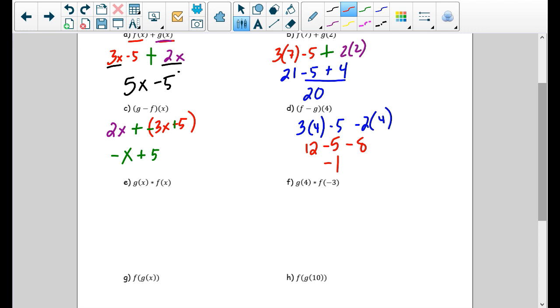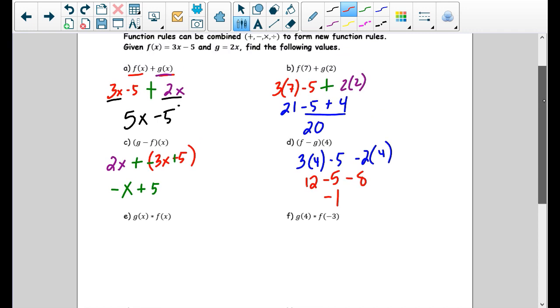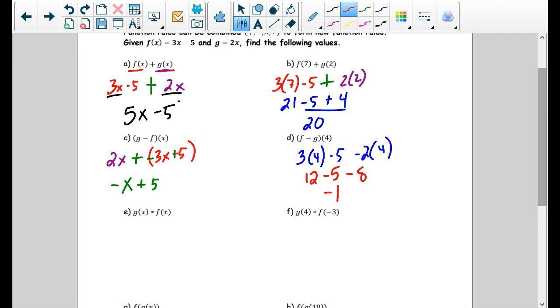So here we have multiplication, so we can multiply the two functions. So again, we're taking that g function 2x times f function 3x minus 5.